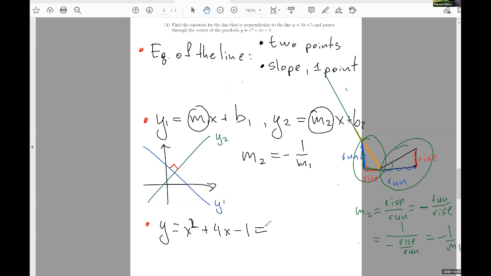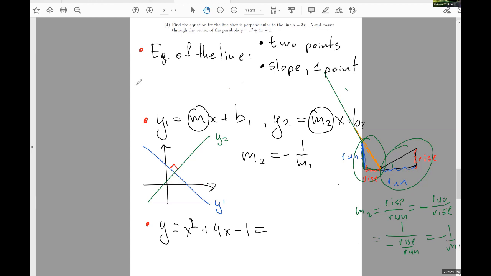Yeah, put it in vertex form, but we're going to do it by completing the square. Unfortunately, students don't like completing the square. Let me just show how I do it. If you like it, you can try the same approach. If you don't, just use your own approach.